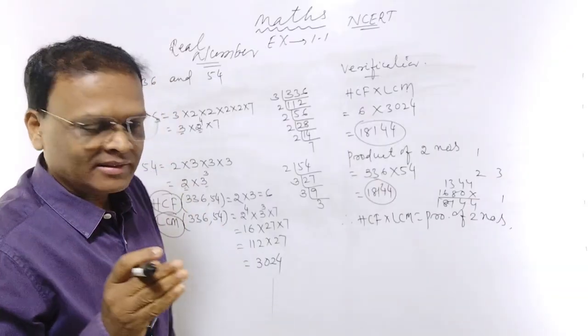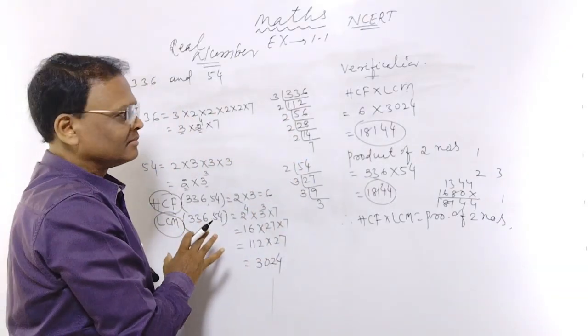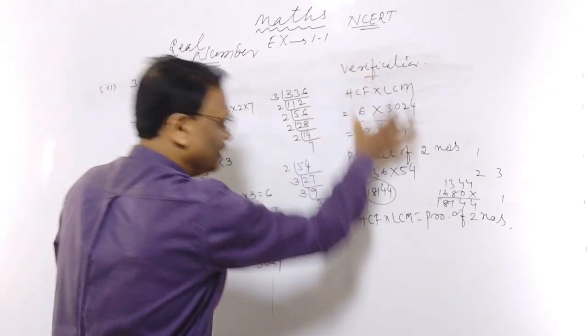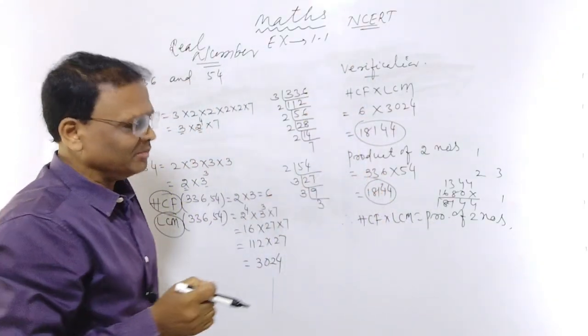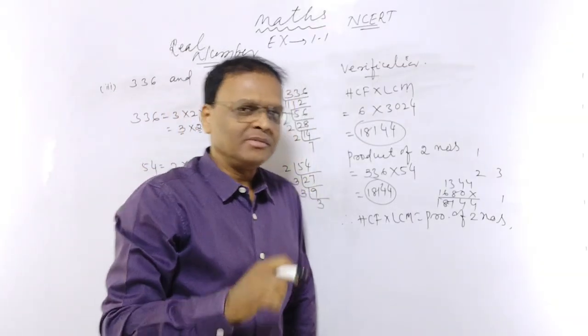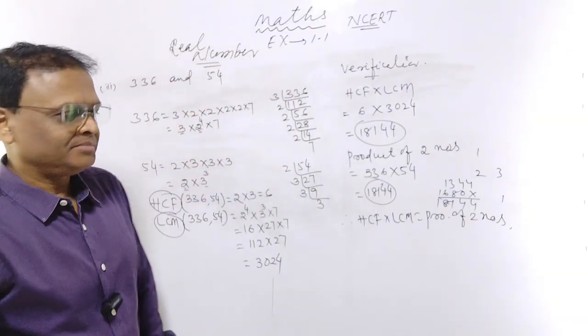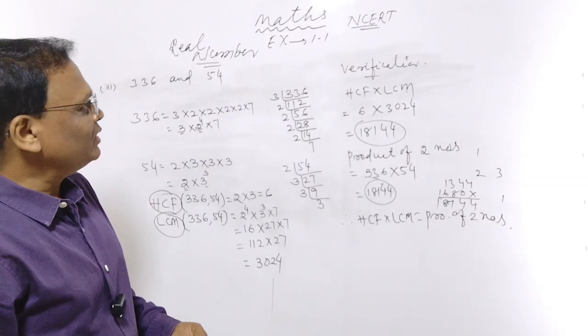क्योंकि क्वेश्चन नंबर 2 में क्या दिया था? HCF LCM फाइंड करना, उसके बाद वेरीफाई करना. लेकिन क्वेश्चन नंबर 3 में only asking find the HCF and LCM by prime factorization method. Over. Okay, so third one I'm not doing this.